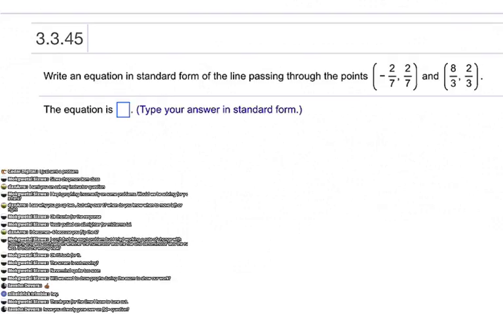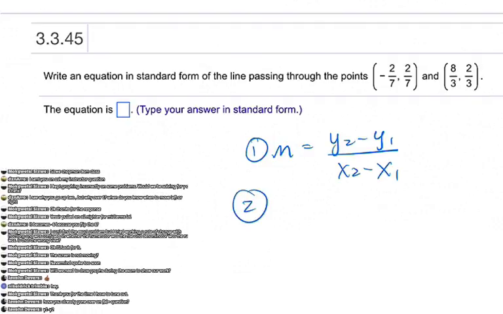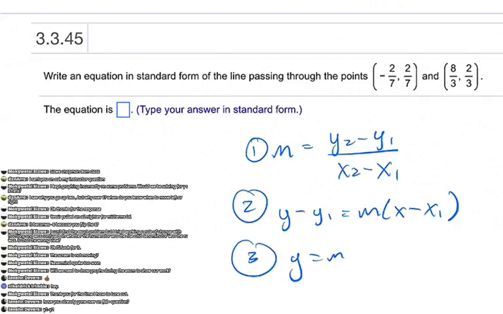So the first one is the slope formula, and that's going to be y2 minus y1 over x2 minus x1, right? And then the second one I would do is point slope, which is y minus y1 equals m times x minus x1. And then the third is y equals mx plus b. Okay. So whenever we're working with lines, I would just have these three ready to go right there.